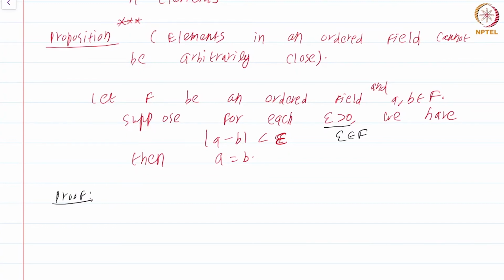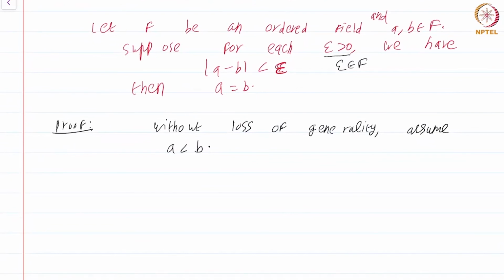Here what we will do is we will say without loss of generality, assume a is less than b. What does this mean? Essentially, I am going to appeal to a proof by cases, but if I prove the case a less than b, then there is no necessity for me to prove the case b less than a. Why is that?